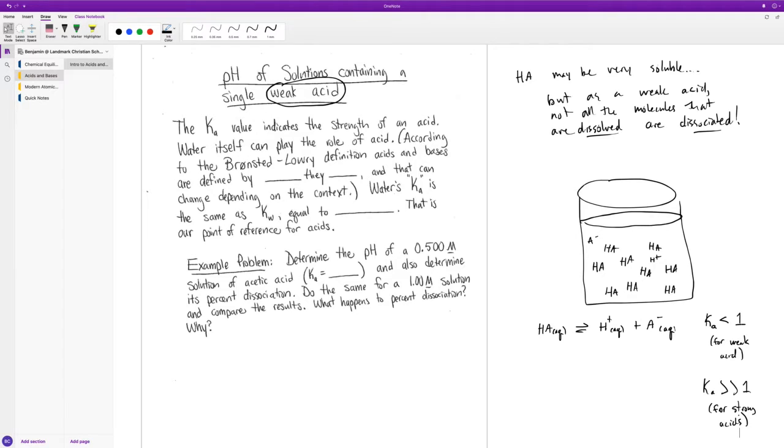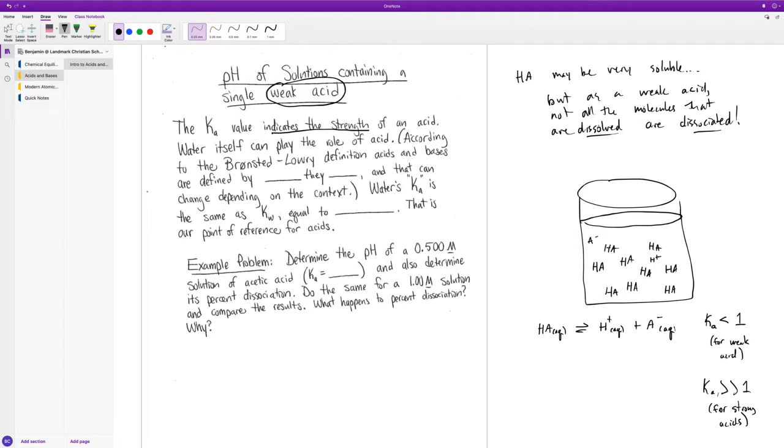So looking at a list of Ka values can give you an idea of the strength of an acid. The Ka value indicates the strength of the acid. Small Kas are weak acids, big Kas are strong acids.